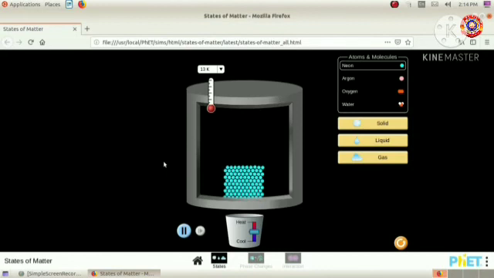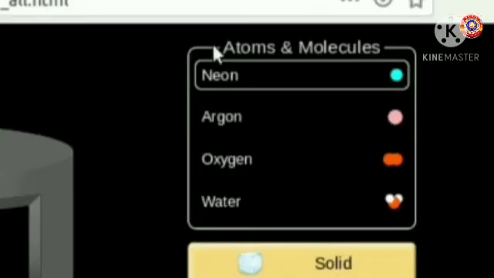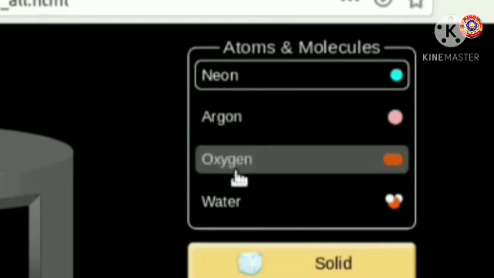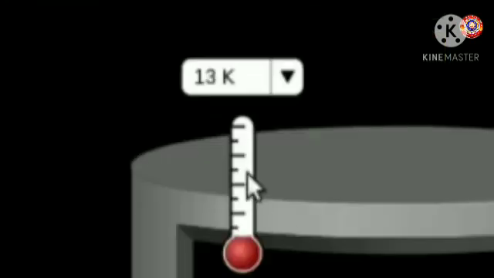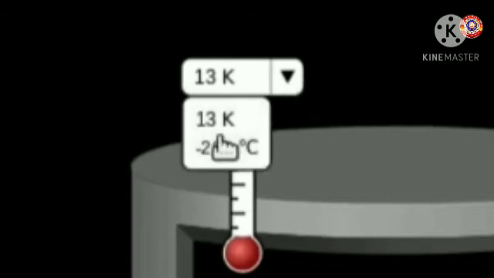See this facility. There are several facilities, and this facility is used to select a particular atom or molecule. Here we can see the different states of matter, solid, liquid and gas. Then this option is used to change the temperature, Kelvin or degree Celsius.